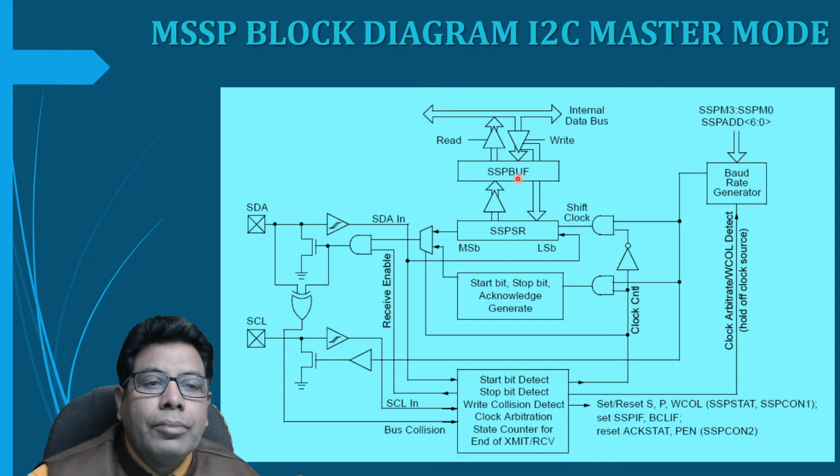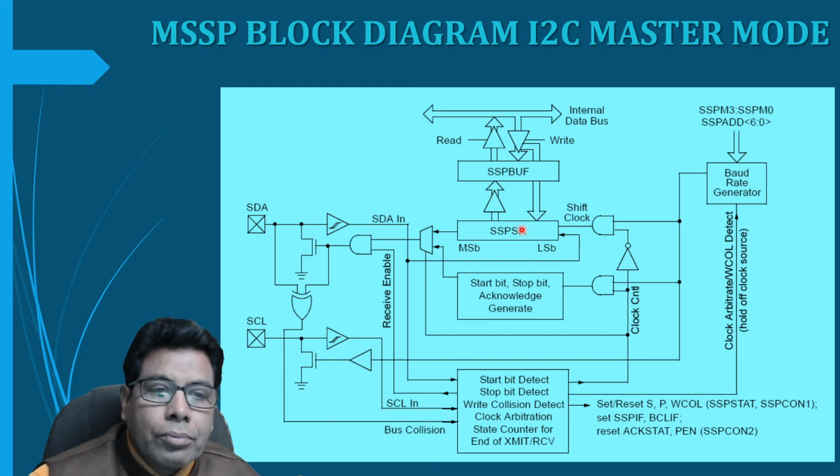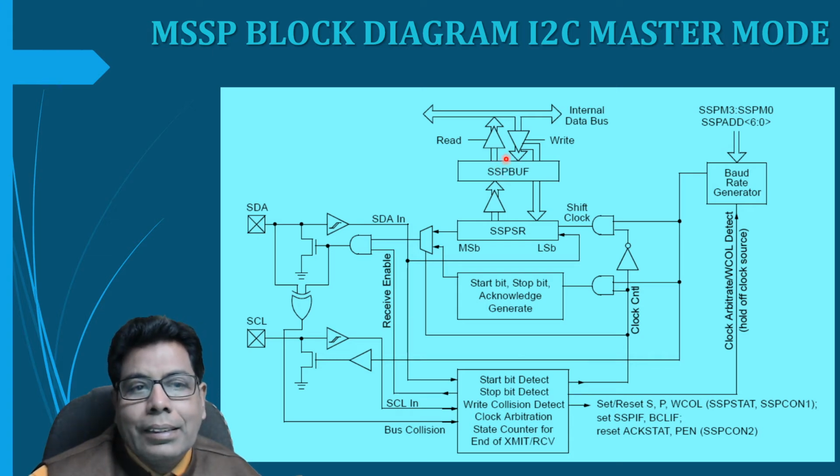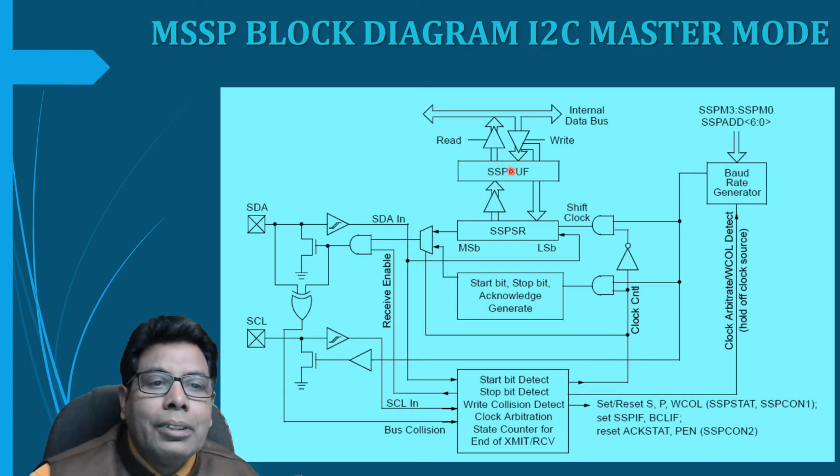SSP buff, that is the serial port buffer register, and this is the shift register. We have discussed the details of the read and write operation of the buffer register and the shift register. So this is used for shifting the data, and the data will come in and it will be loaded into the SSP buffer.